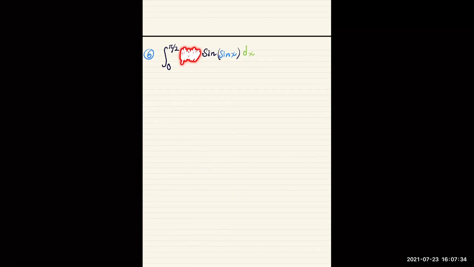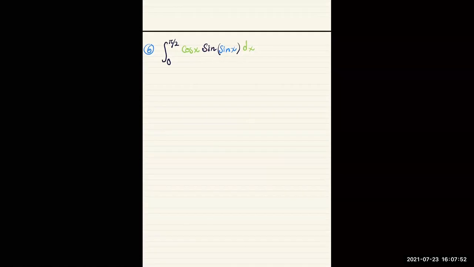Y'all see that? The antiderivative of sine of sine x, we couldn't do. Because although we have a composite function, the derivative of that inner function wouldn't be sitting outside. But now we can because of that factor.